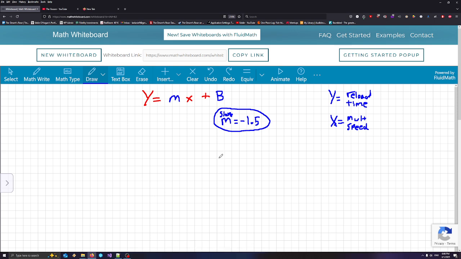B. I don't know why they picked B for the y-intercept, that's a good question though. Our y int. I don't want to confuse you with that. Okay, and that's equal to 4.5. Right? Just want to check. Yeah, plus 4.5.